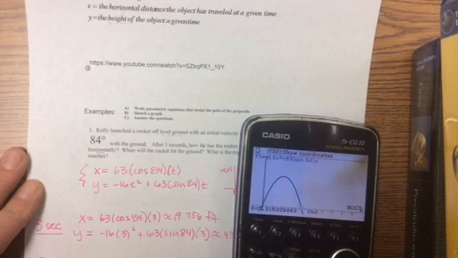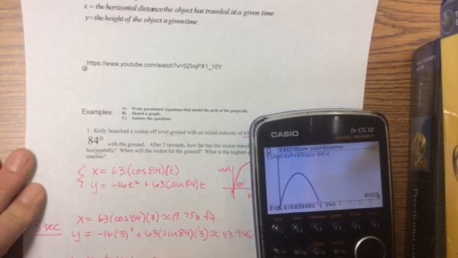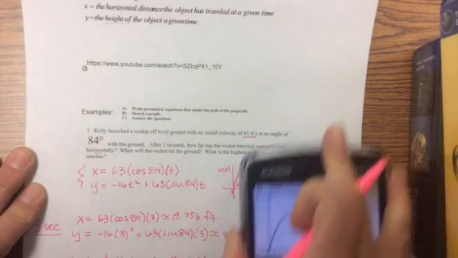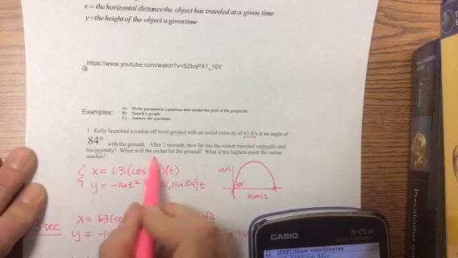So it hit the ground. You put the y into the graph and find the root. And it was 3.917 seconds.